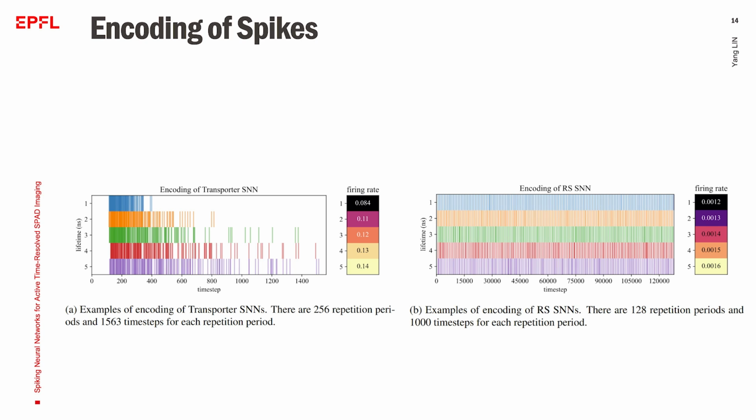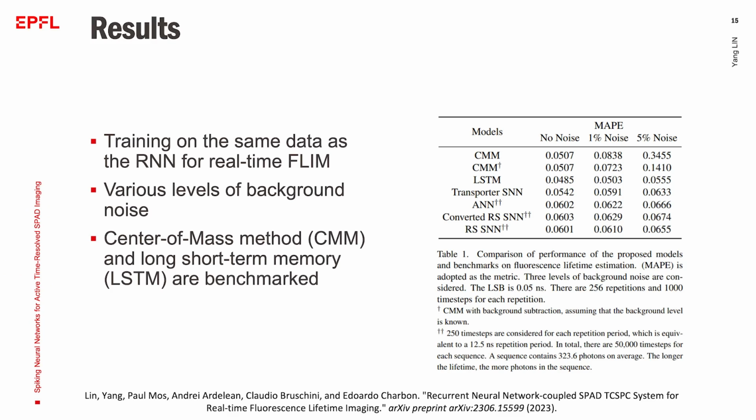We use a synthetic FLIM dataset for the training, converting timestamps into spike trains, and we train and evaluate the SNN on various levels of background noise. One classic method, the central mass method, and one method we proposed before, the long short-term memory, are benchmarked here. One can see that the LSTM performs very well at all noise levels.